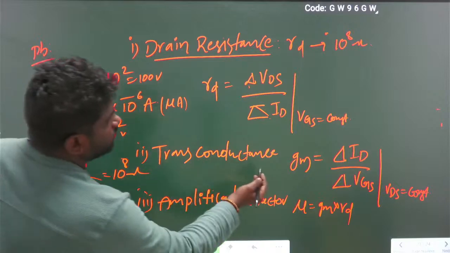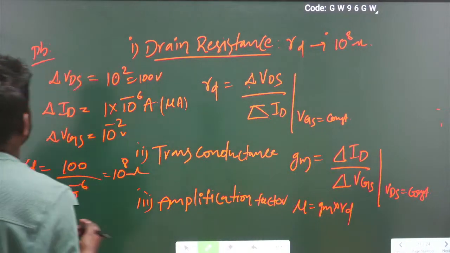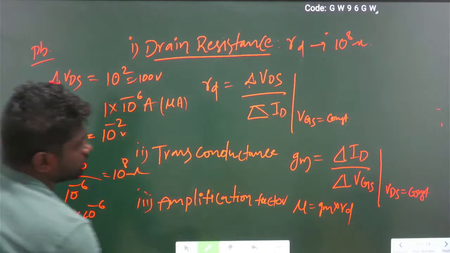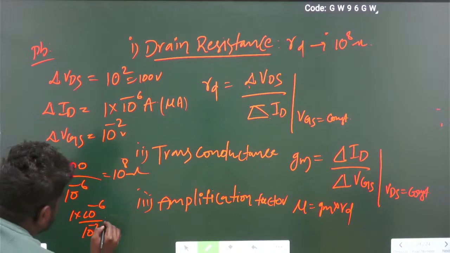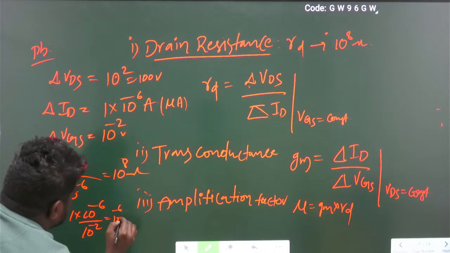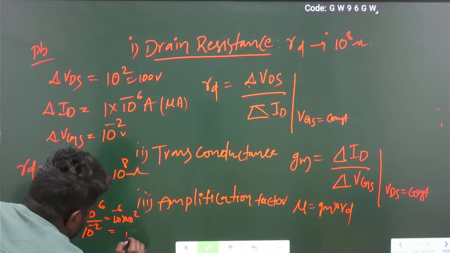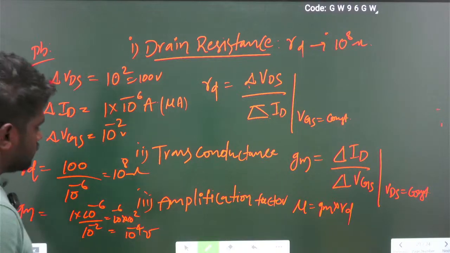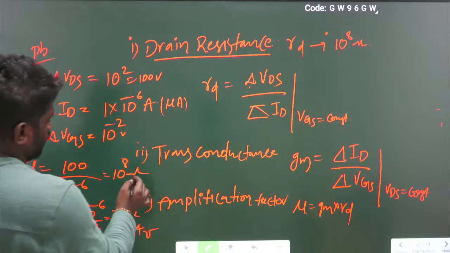Now Gm: the transconductance formula is delta ID by delta VGS, which is 1 into 10 power minus 6 by 10 power minus 2, equal to 10 power minus 6 into 10 power 2. We get 10 power minus 4 mho. So conductance units are mho and resistance units are ohm.